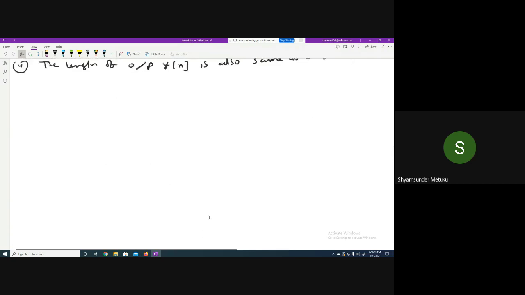The very first one is to find the convolution. Before I give an example, I want to tell you one more thing. You must know something called circular shift.